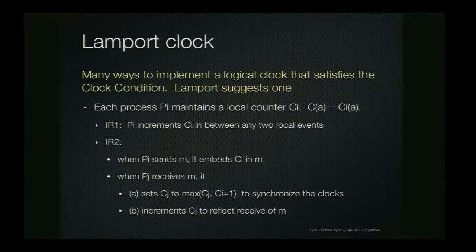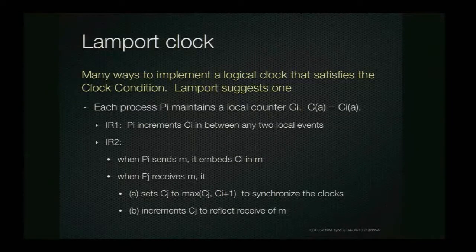Right. If you and I have not communicated at all, our local clocks could be arbitrarily different. So if you send a message to me, my clock might have already been far enough ahead of yours that my clock is after your send clock. So the only time that I have to adjust it is if your local send timestamp is later than my receive timestamp.